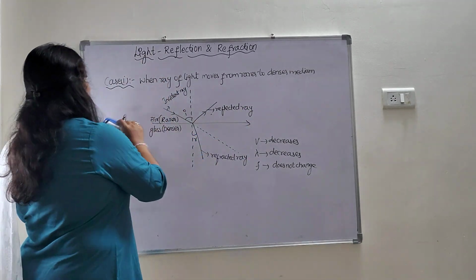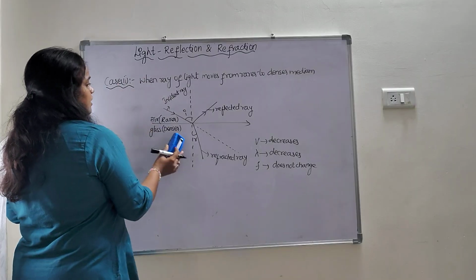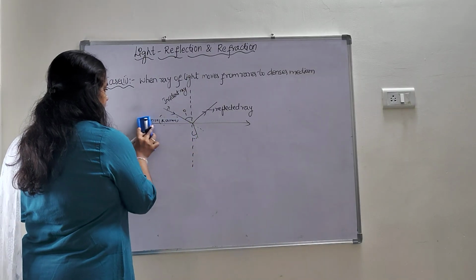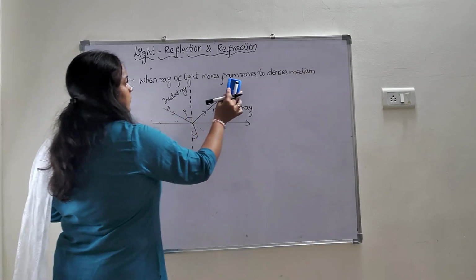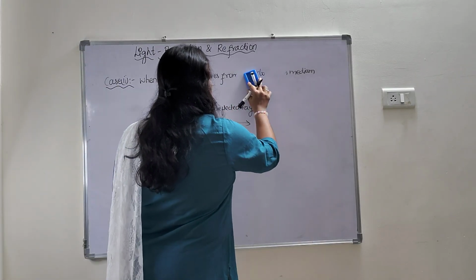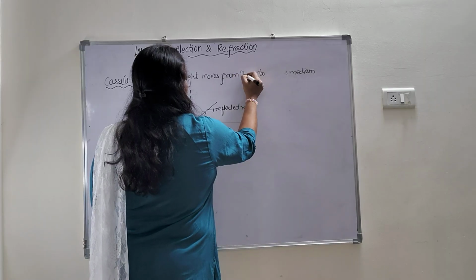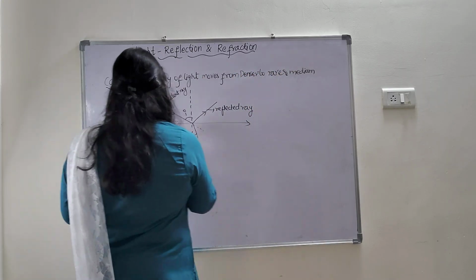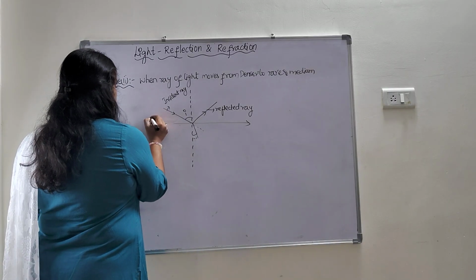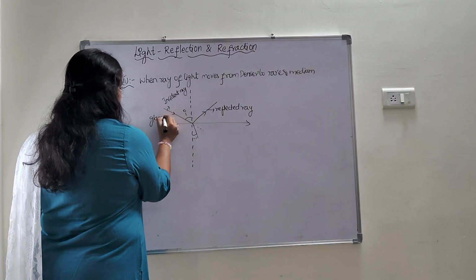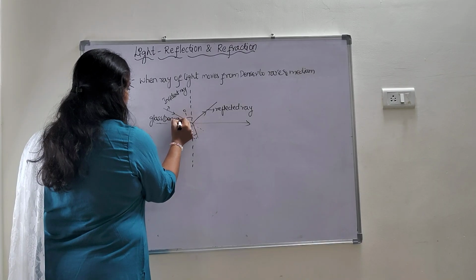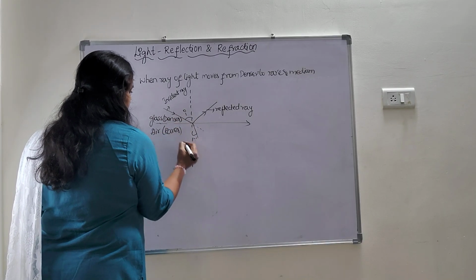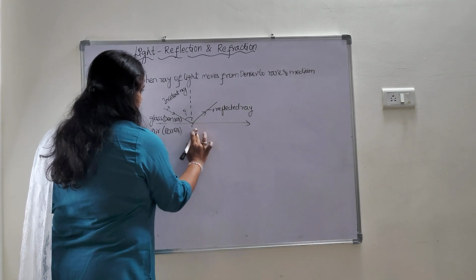Let us see the second case, case number 2: denser to rarer. Here you take glass as denser and air as rarer.